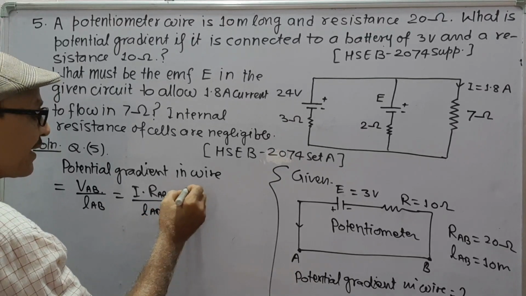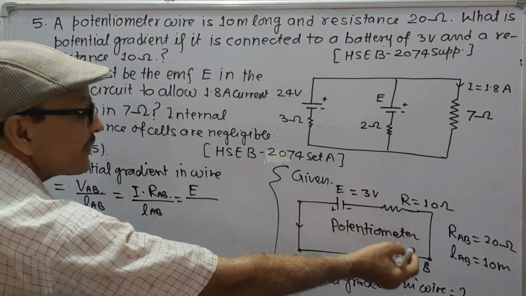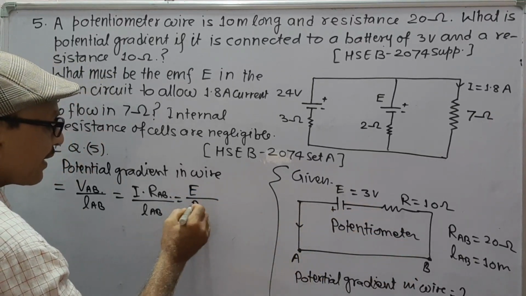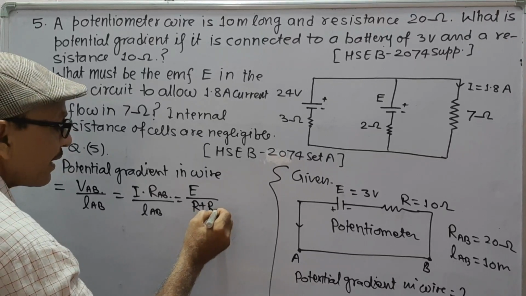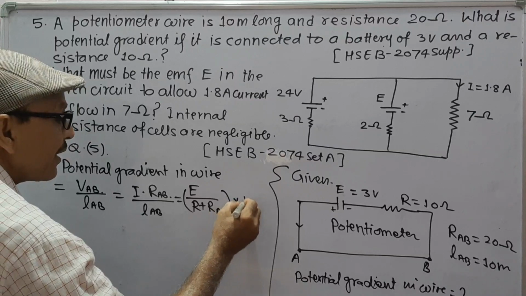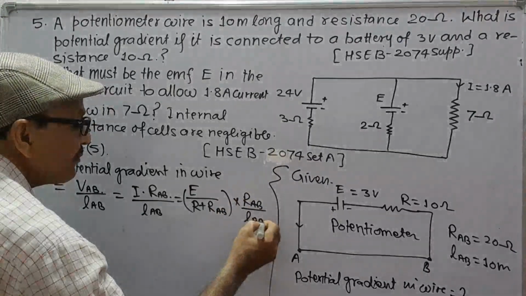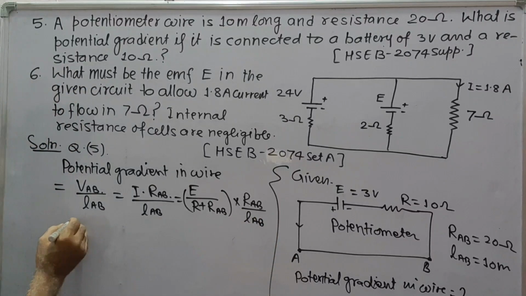I is E upon R plus RAB, into RAB upon LAB. Values are known.